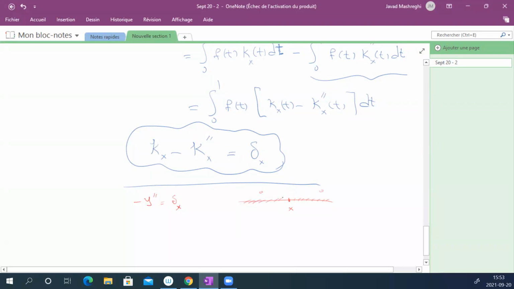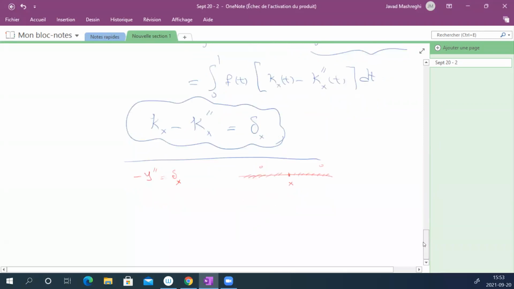At point x, something bizarre happens. They are not able to explain what happens, but with our tools, we can. So the equation we have here is minus y double prime is equal to 0 for t less than x, and also for t bigger than x.